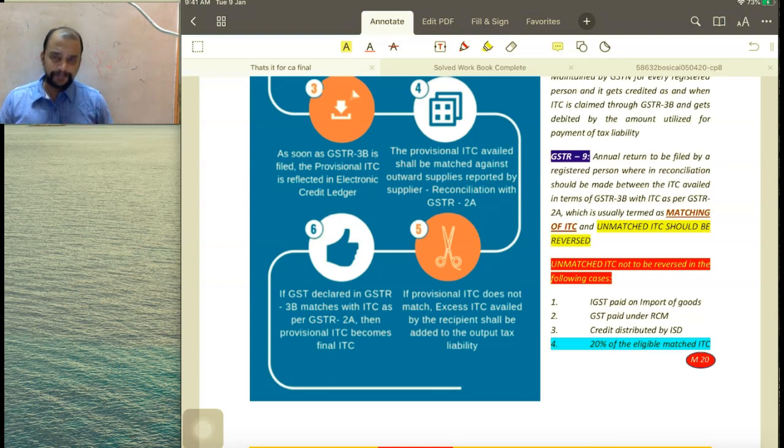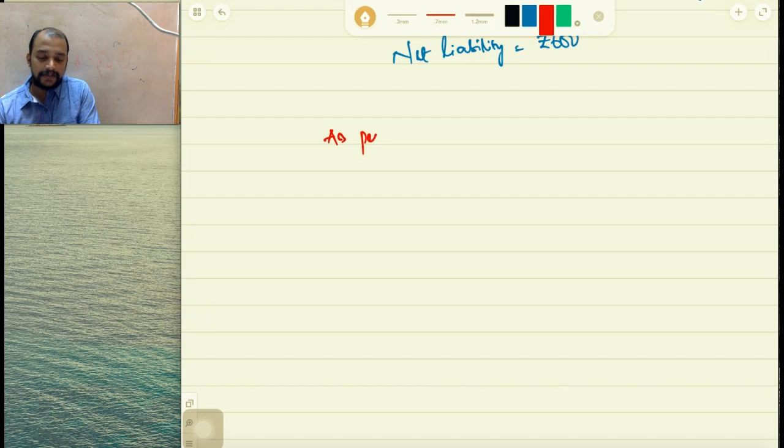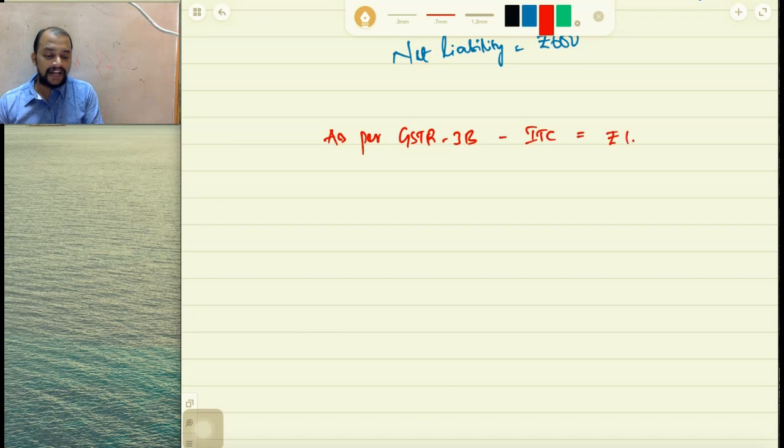For example, if the total credit as per GSTR 3B that you have taken for a particular month is 1,50,000. So ITC as per GSTR 3B equals rupees 1,50,000.